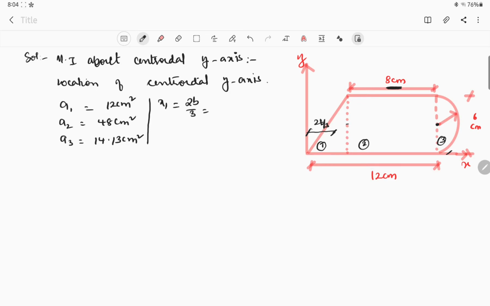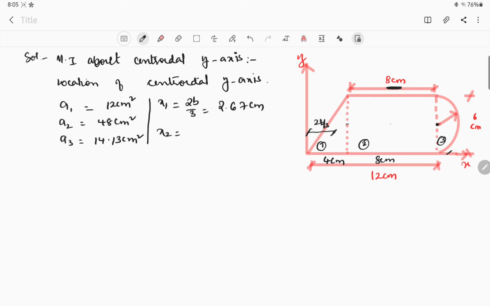So x1 is equal to, if you substitute the values here, this is 4 centimeter and this is 8 centimeter, so 2b by 3 is given as 2.67 centimeter.